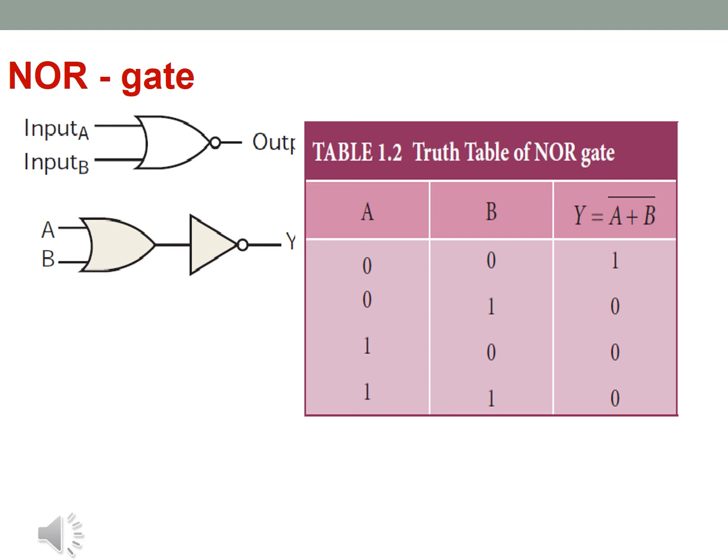So if you are providing A and B as inputs of the NOR gate, the output of this NOR gate is equal to A plus B the whole bar.